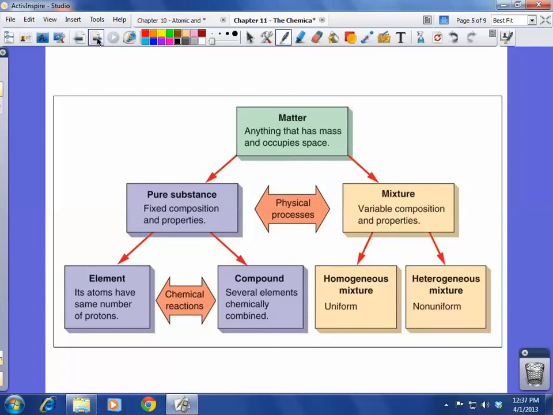The first way we can do that is to say, well, matter can be split up into pure substances and mixtures. Pure substances have fixed composition and properties, really that means it's just made of one thing. Like we just said, elements are made up of one type of atom, while compounds are made up of one type of molecule.